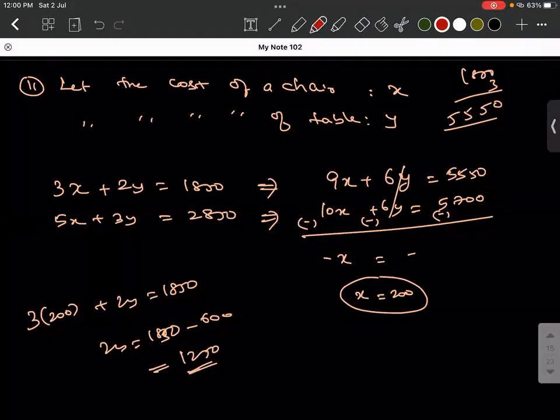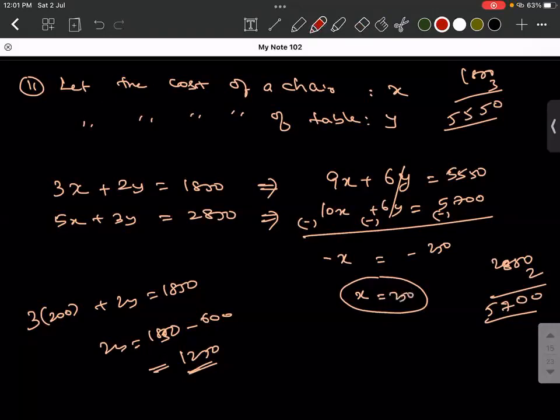See, then none of these is there. The cost of each chair is only 250.